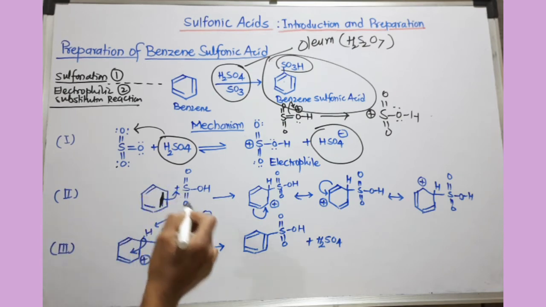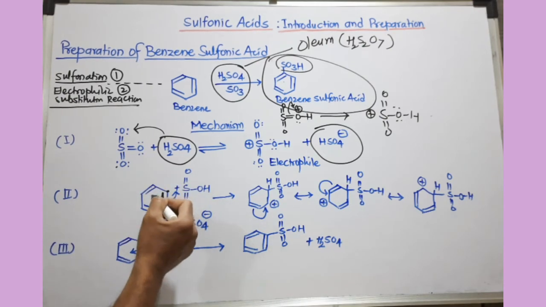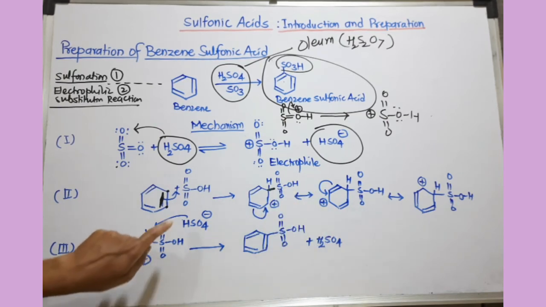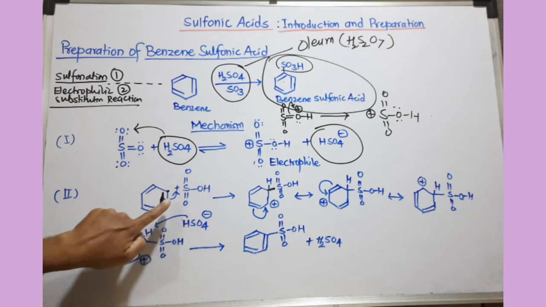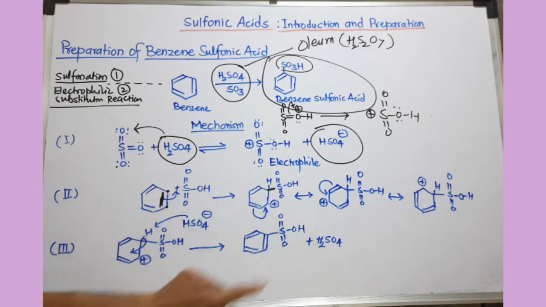I'll give a different color. You can remove this pi bond either here or here because it is in between these two carbons. You have to remove this outside as I mentioned earlier. This is removed here, and now the electrophile gets a pair of electrons to form a bond between this carbon and sulfur.